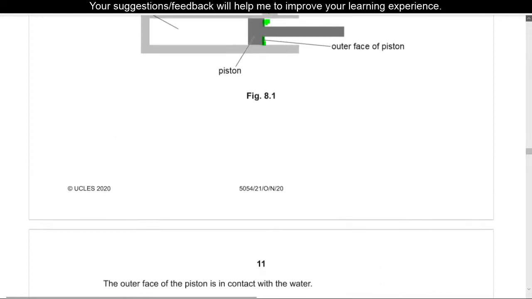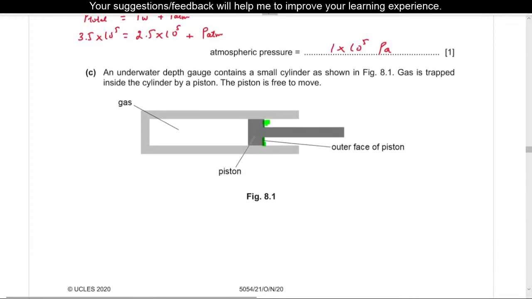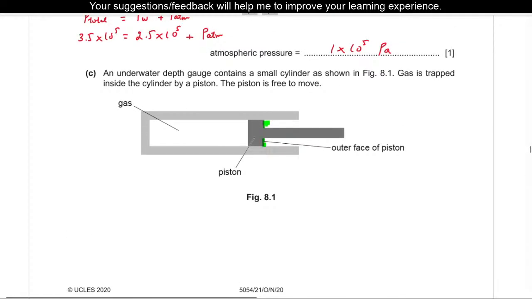Okay, so let me explain here. This is the outer face and a force is acting on it. Pressure is acting, and because of that force is also acting. And similarly there is a gas pressure inside, the pressure of the gas.